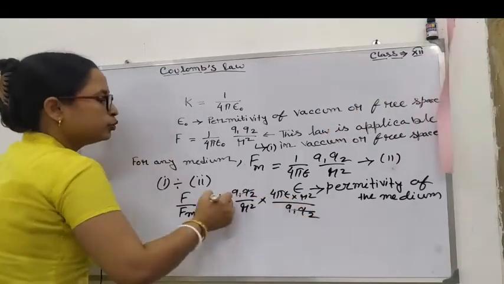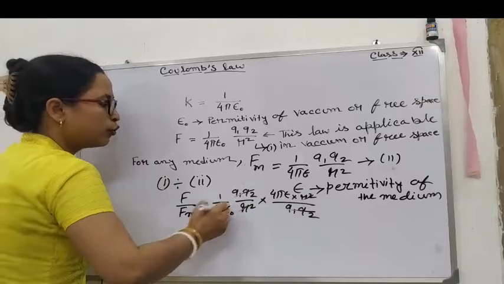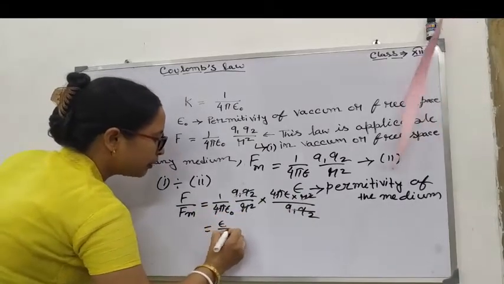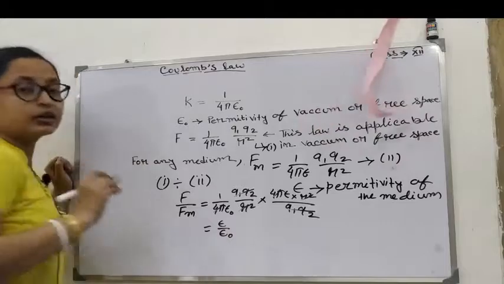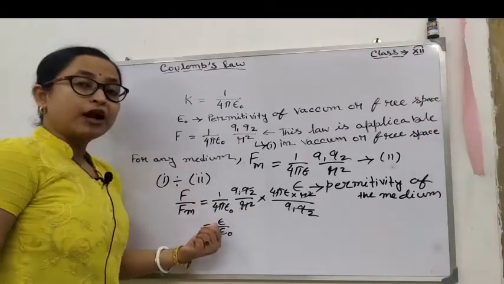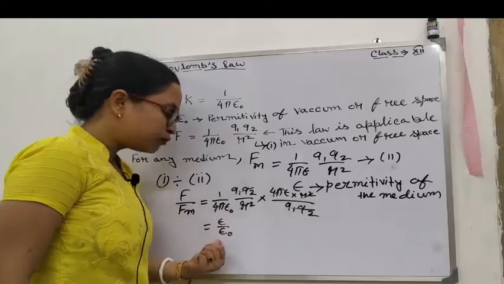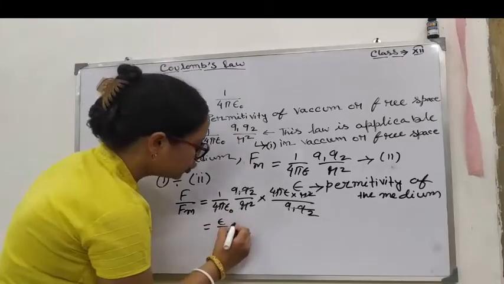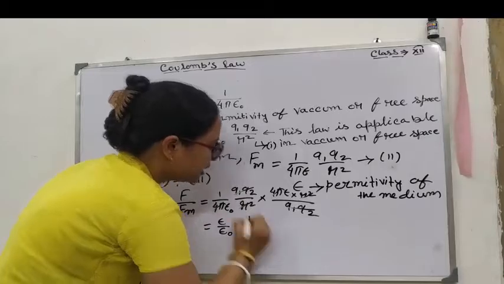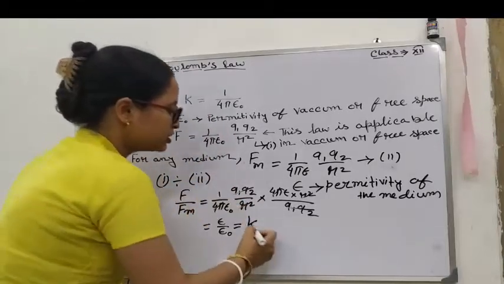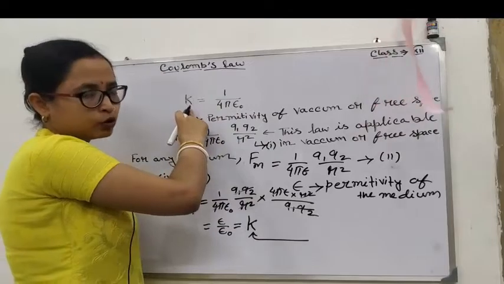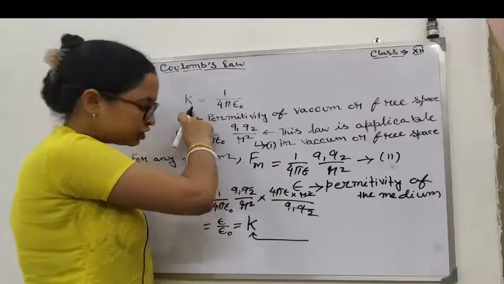So q1 q2 and r square will cancel out, 4 pi cancels out. It will be epsilon by epsilon naught. Clear? This quantity, the ratio of the permittivity of the medium to the permittivity of free space, is known as the dielectric constant, and it is denoted by capital K. This capital K is different from small k, the Coulomb constant or electric force constant.